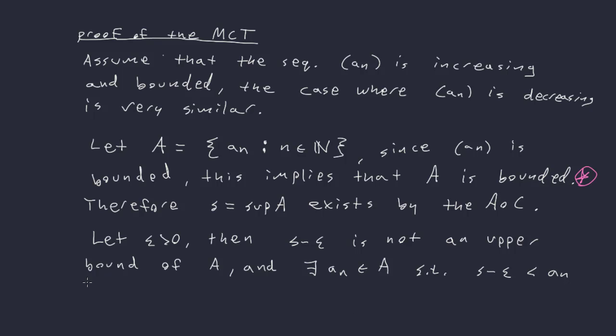So this is where I'll say see lemma 1.3.8. I'm sure you remember we used this lemma a lot when we were doing the supremum stuff. Okay, so I'm going to let epsilon be greater than 0, then S minus epsilon is not an upper bound, and there exists an a_n in capital A such that S minus epsilon is less than a_n.